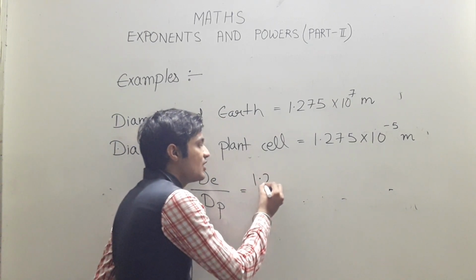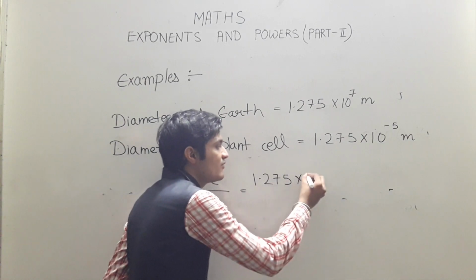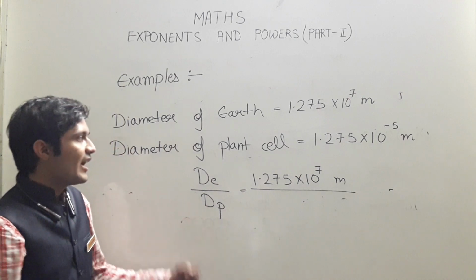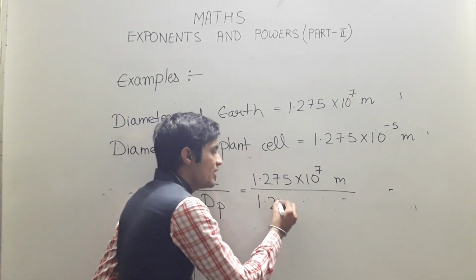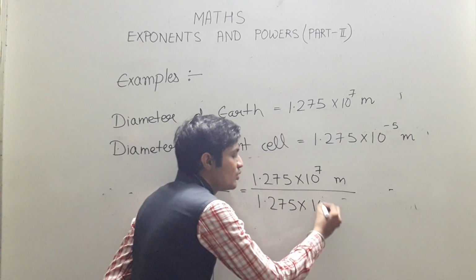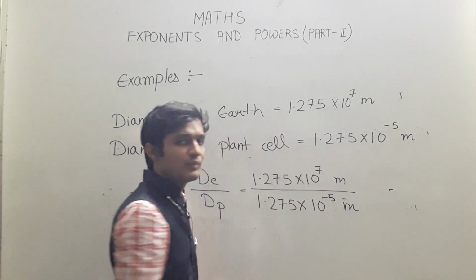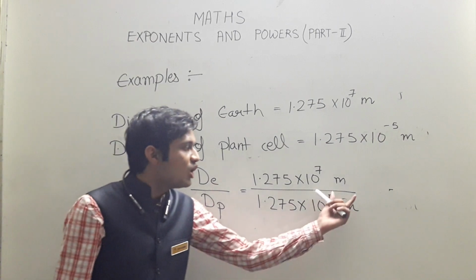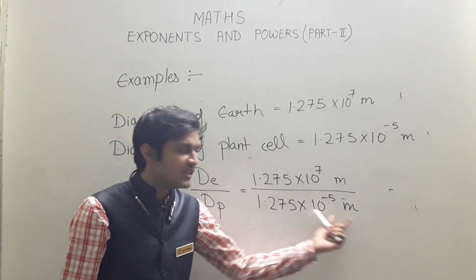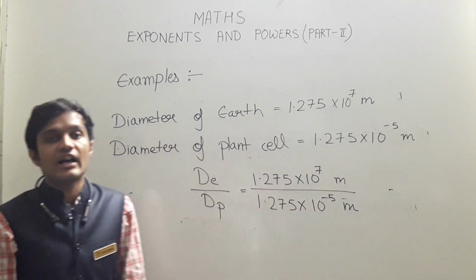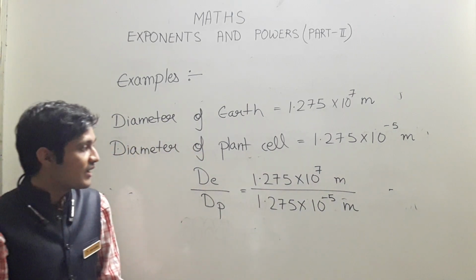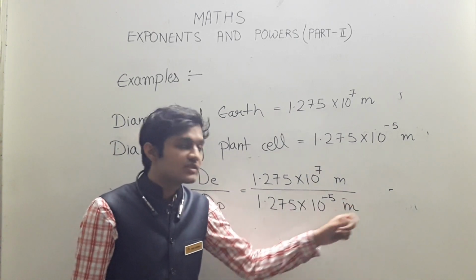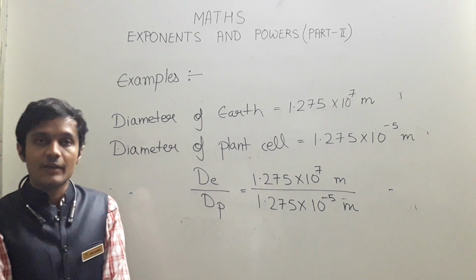So the diameter of earth is 1.275 into 10 raised to the power 7 meter, and the diameter of plant cell is 1.275 into 10 raised to minus 5 meter. Again, in comparing two values, you always have to take care of their units. Here the units of both values are in meter, so we can compare them. If both values are not in the same unit, then firstly you have to change them to the same unit.